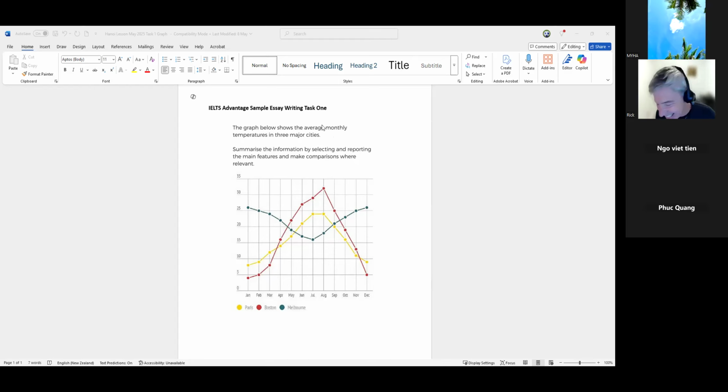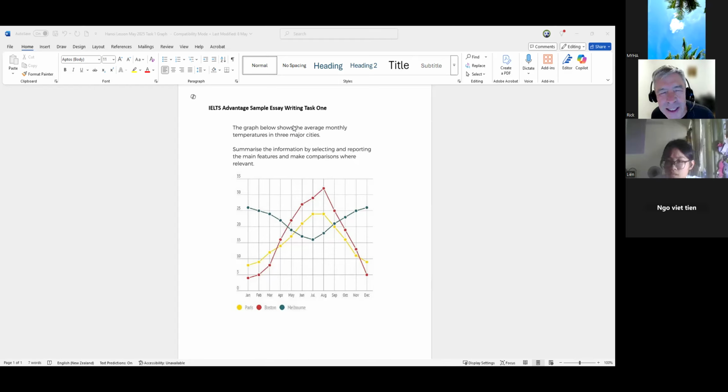It begins with CH. Anyone remember? Leon? The average temperature changes. The average temperature changes every what? Every month. Good.